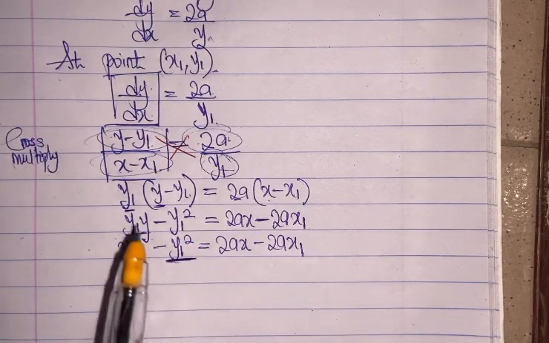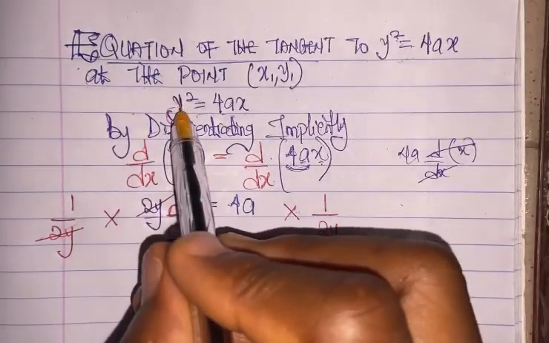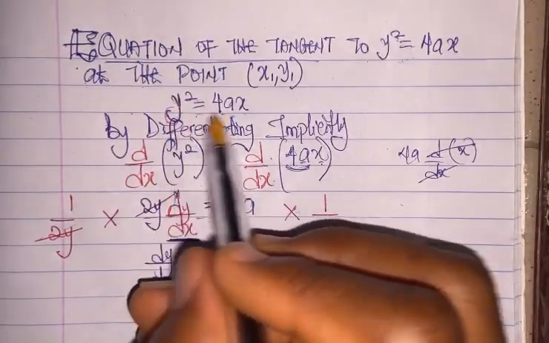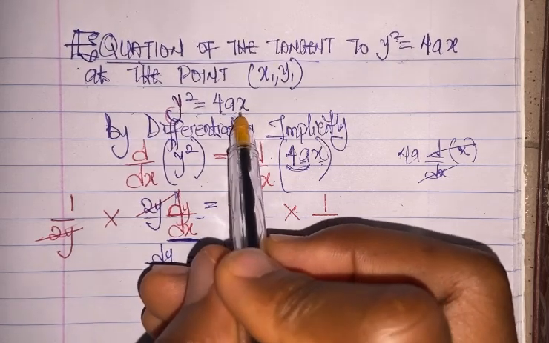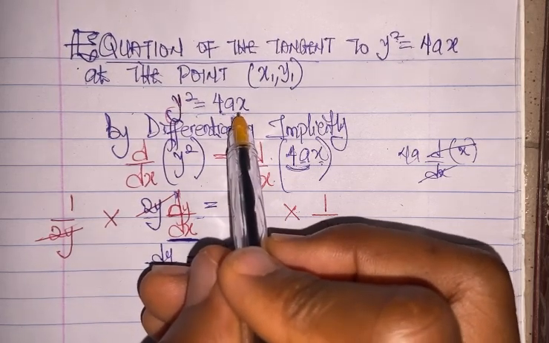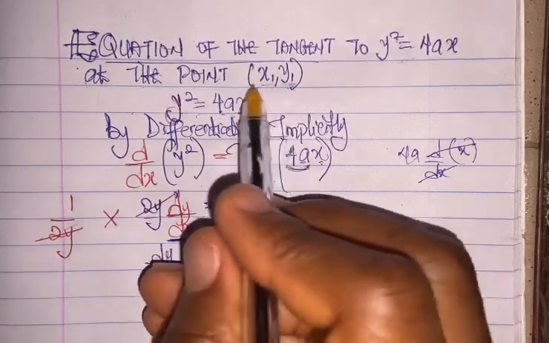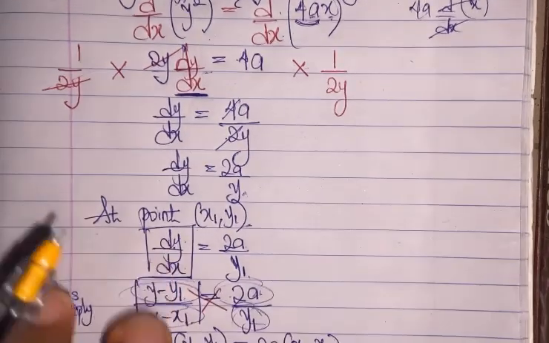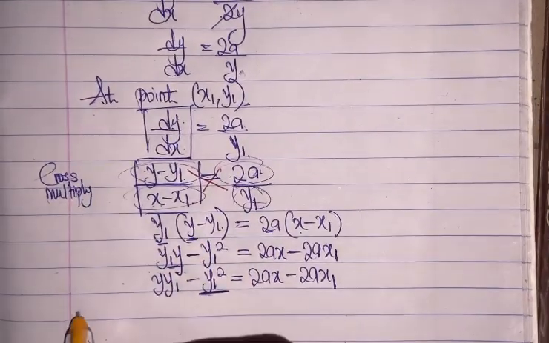Now this y1 squared, we can work on it. Let us go back to the very beginning. This is just the equation of a parabola at the origin. But if it's not at the origin, what will be the expression?